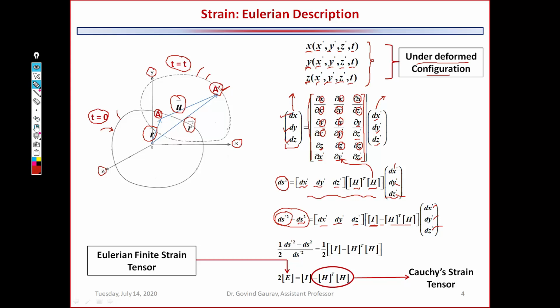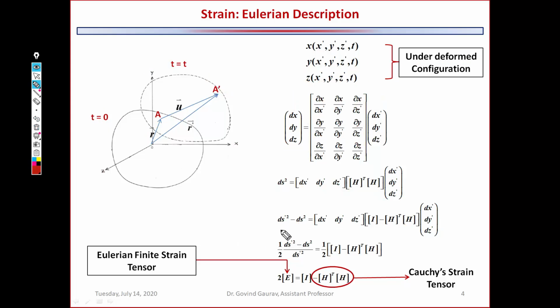Now we are interested in calculating the values of the strains. The strain would be in the form of ds dash square minus ds square divided by ds prime whole square. If we compare it with the Lagrangian description, at that point we had ds square in the denominator, but over here we have ds prime whole square.